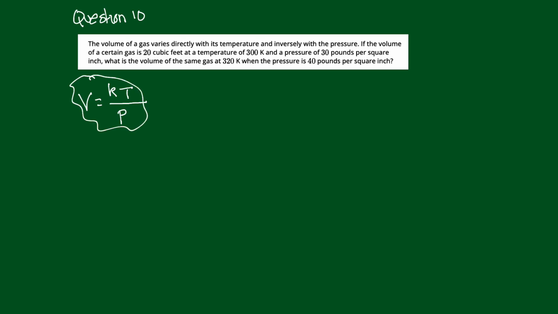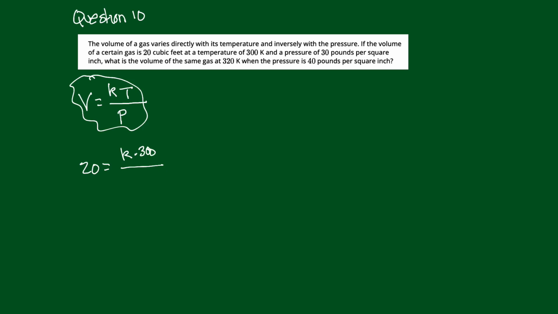Now, what do we know? We know that the volume is 20. All right, so the volume is 20. That's equal to K times, now what are we getting for that temperature? The volume of gas is 20 when the temperature is 300, right, so 300 Kelvin. Okay, 300 Kelvin over, now what's the pressure?